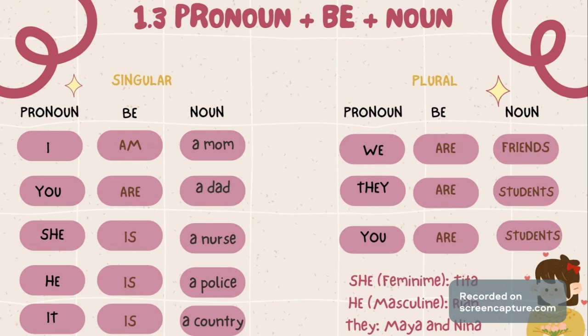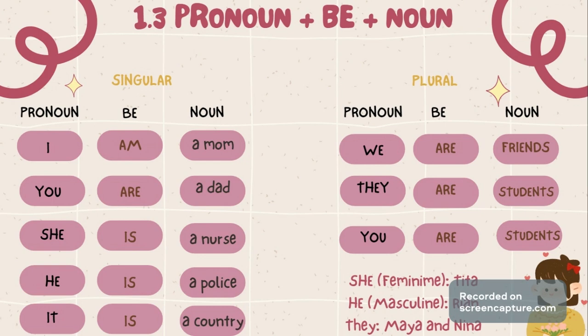For example, I am a mom, and you are a dad, and she is a nurse, he is a police officer, it is a country. And for plural, we have example, we are friends, they are students, and you are students.